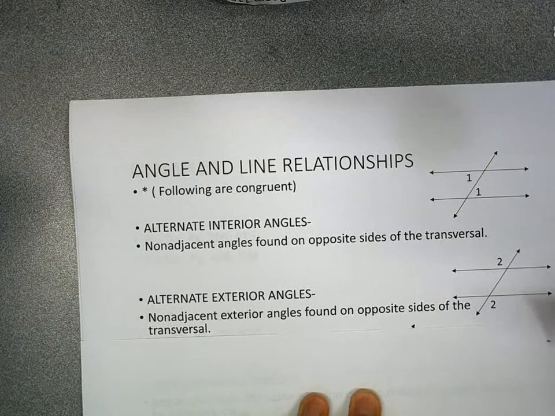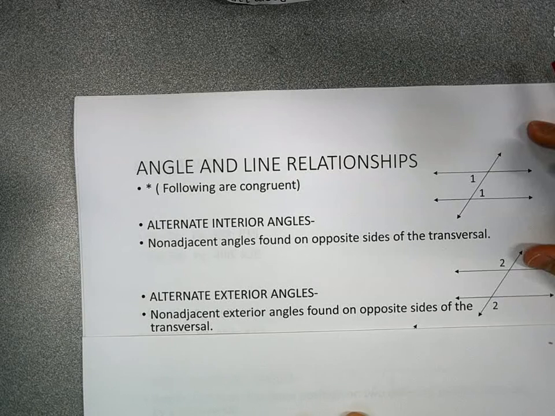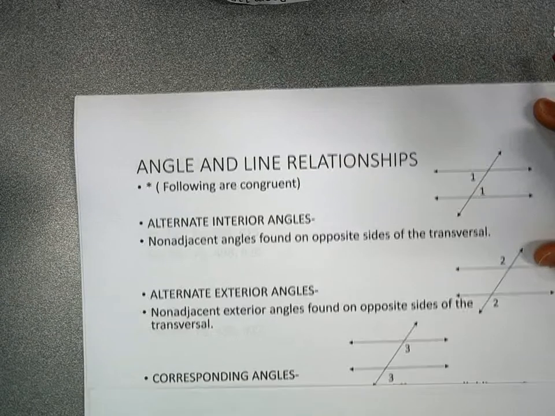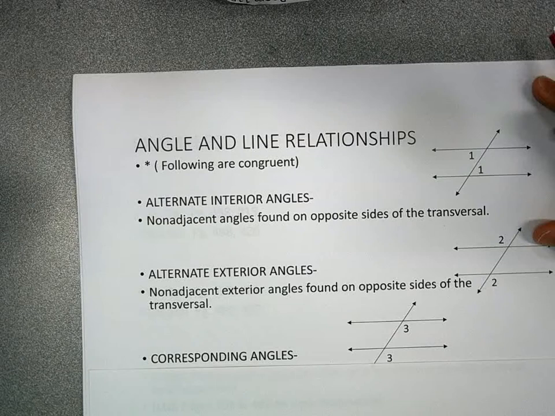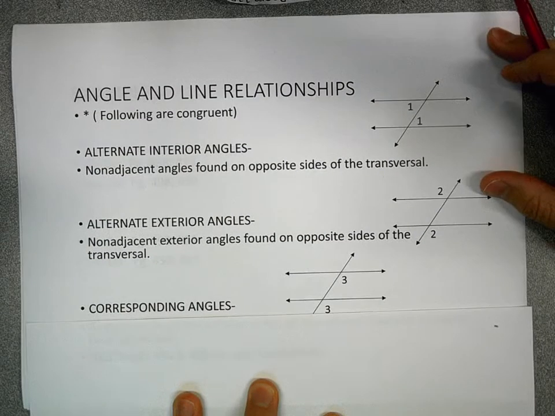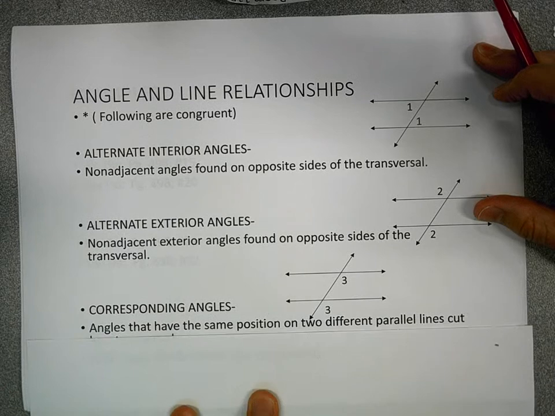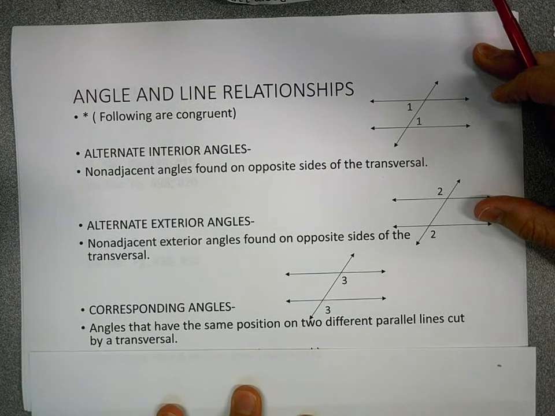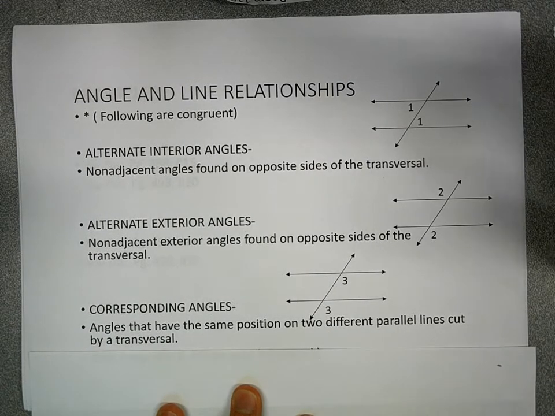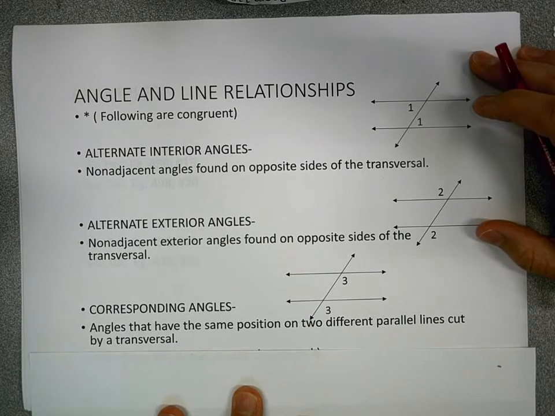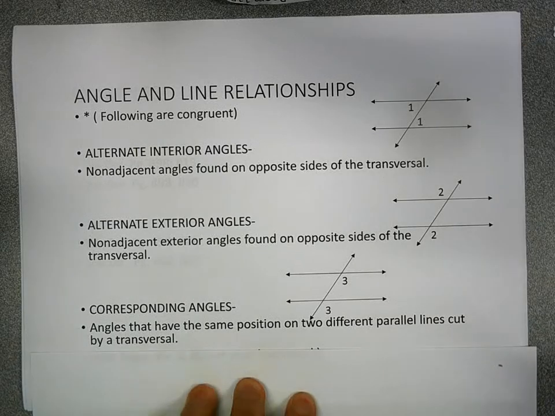Okay, so our third special set of angles coming off a transversal is corresponding angles. The book says they are angles that have the same position on two different parallel lines cut by a transversal. Here's how I like to think about it.